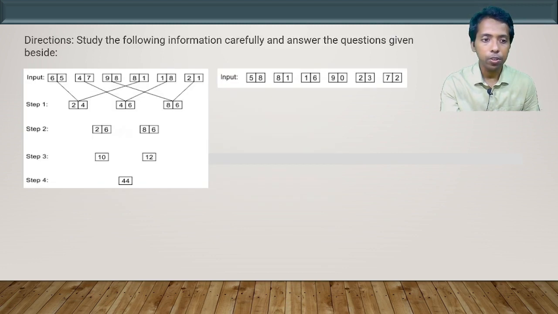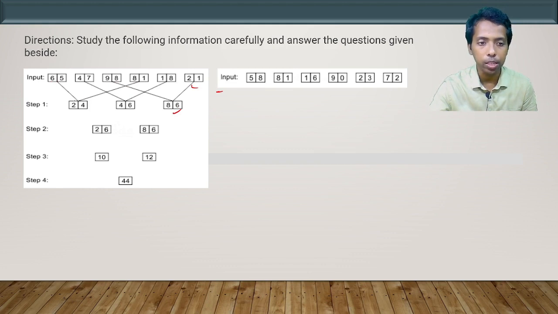Okay, so here's the question. Here's the first input. Just find out the logic and then we will solve the given input here. First from 65 and 81, this gives 24, 47, 18, 46, 98, 21, this gives 86. So what could be the logic? 6, 5, 8, 1.